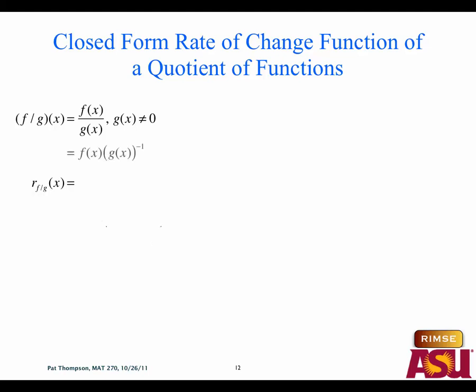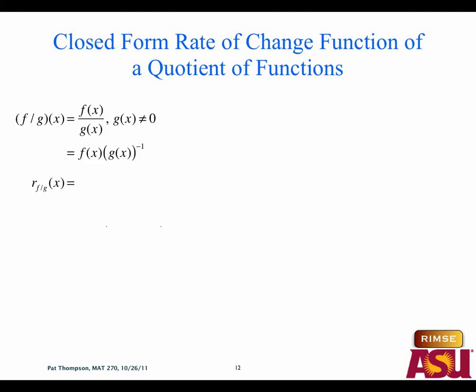So instead, we start by changing the original function to a product. To derive the quotient rule, let's change that quotient into the product of f and g to the -1.